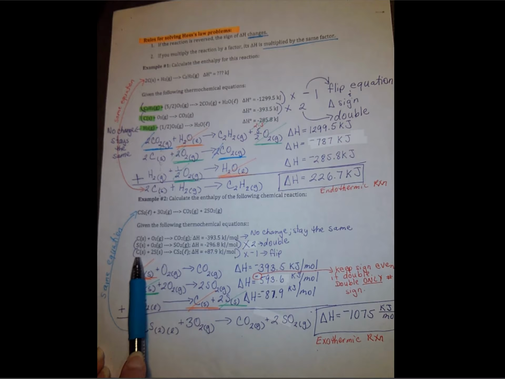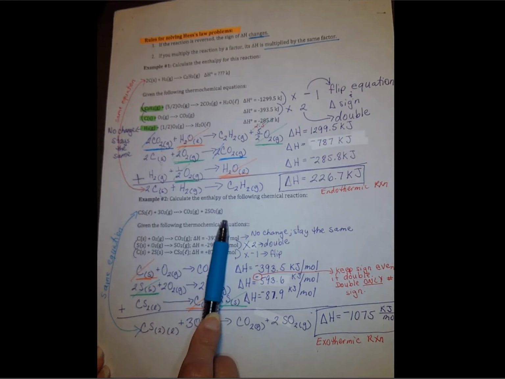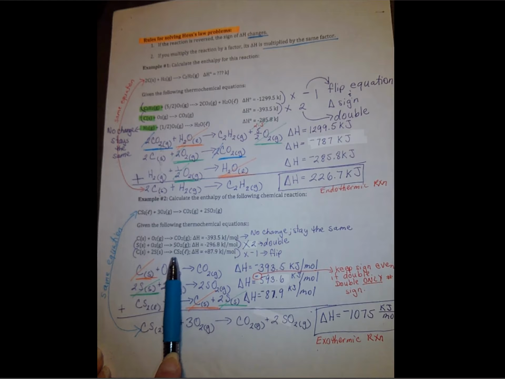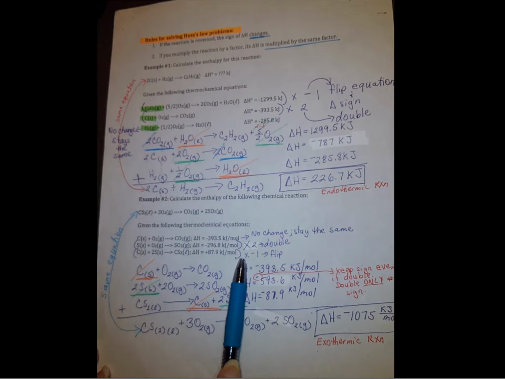Notice that both carbon and sulfur are not present in the original equation, so we're not going to worry about them too much. The compound that we are going to focus on is this 1 mole of carbon disulfide that is in the product side of step 3 of our intermediate equation.